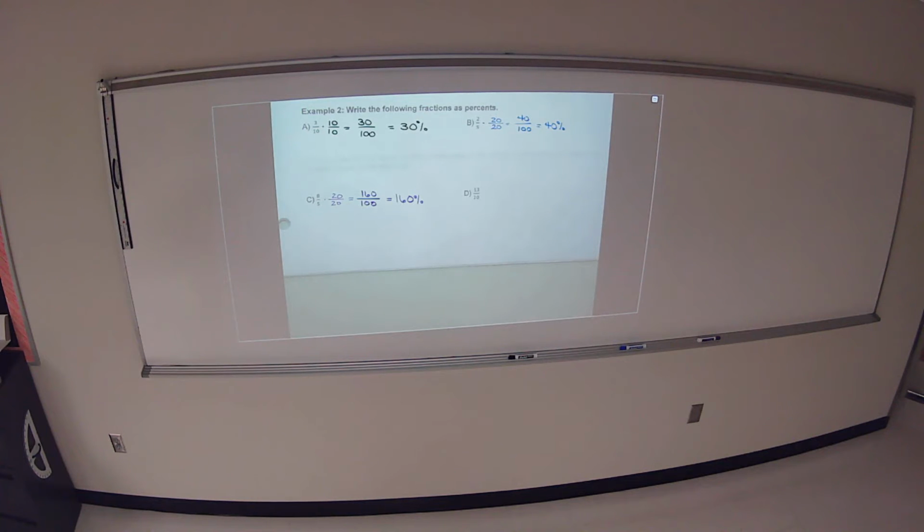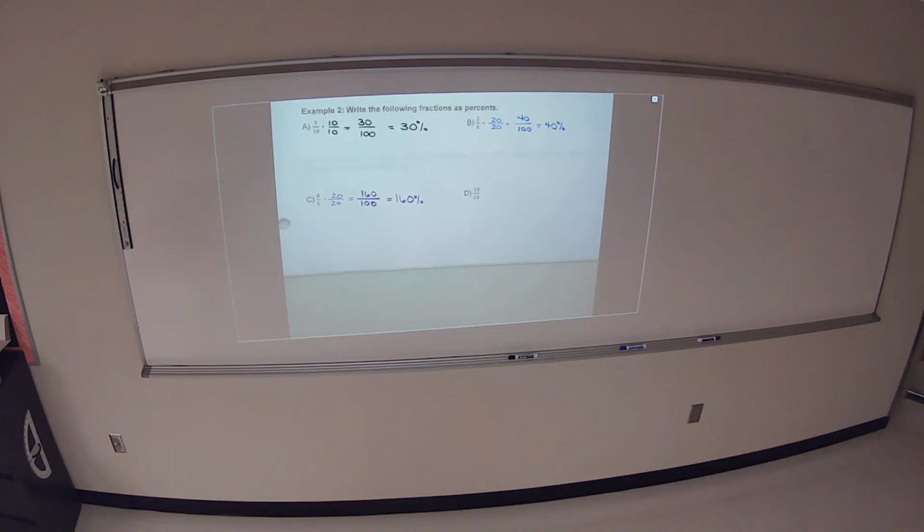If I were to talk about the price of gas increase in the last 5 years, it's probably 160%. What in the world does that mean? It means that it's more than doubled in price. You're often going to see percent problems that are larger than 100. And we actually are going to be taking a look at percent problems once we get through all of this stuff right here.